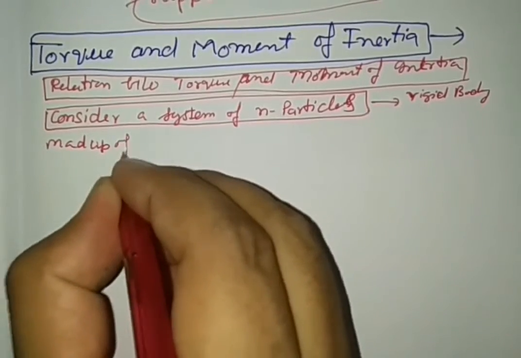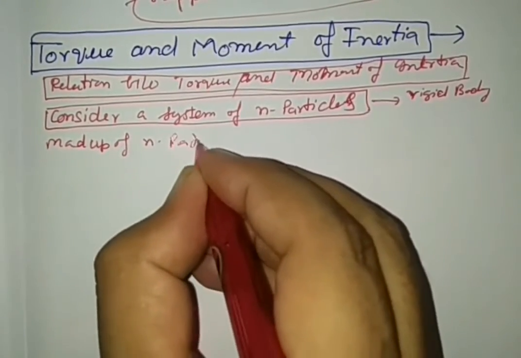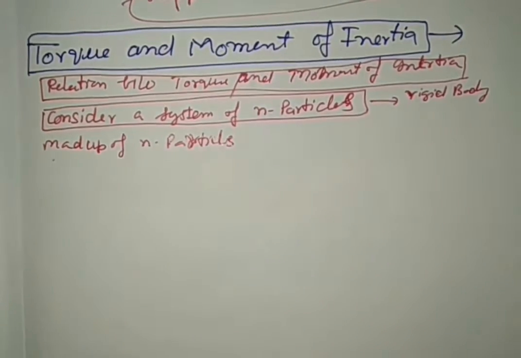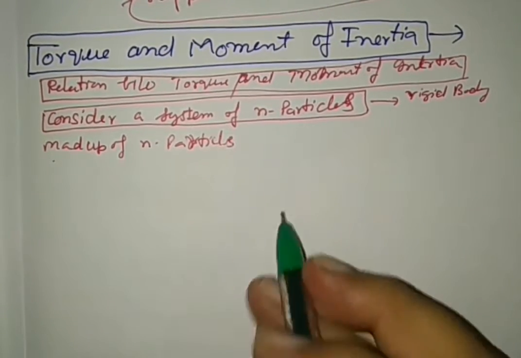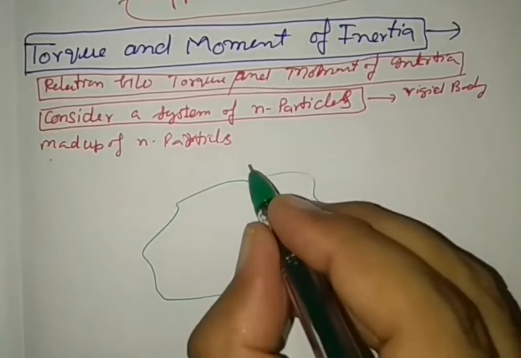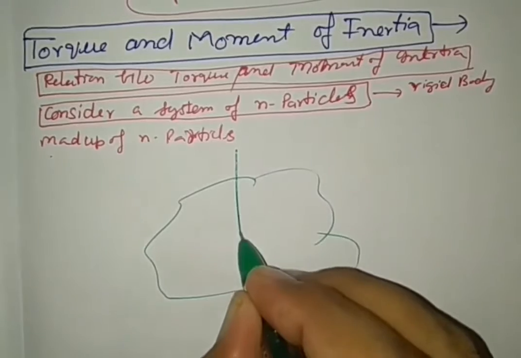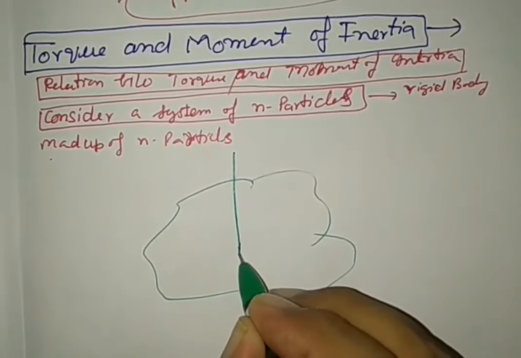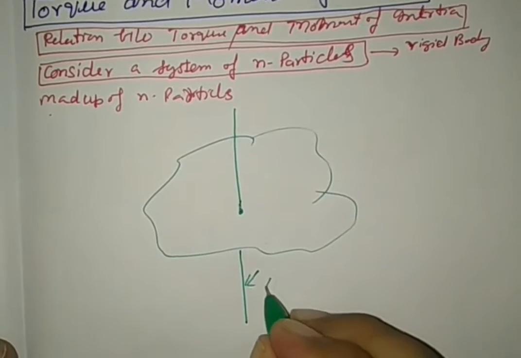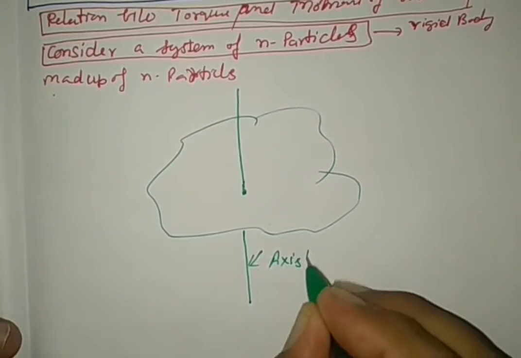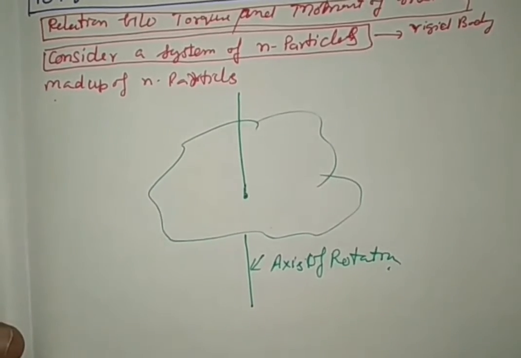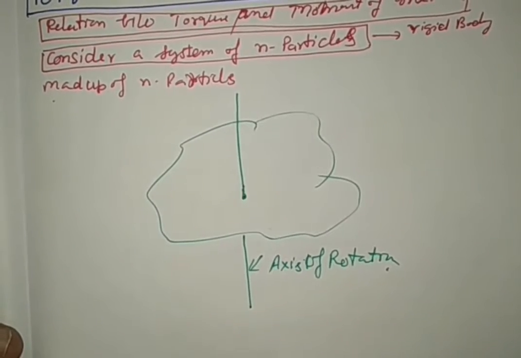Consider this is the rigid body which is free to rotate about an axis that passes through it, the axis of rotation.